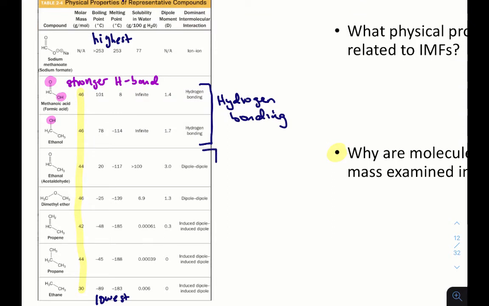All right, we have two molecules here that have dipole-dipole intermolecular forces of attraction. I showed you formaldehyde, which is one carbon fewer than ethanol, this molecule here.